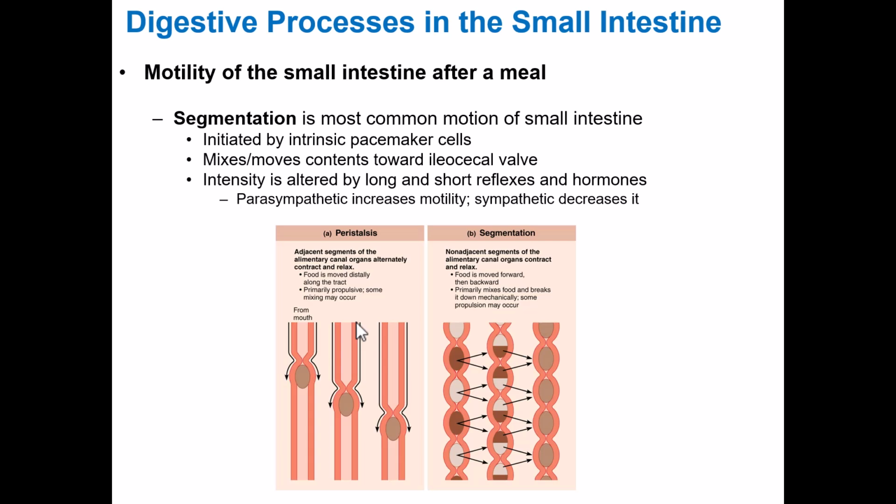We can mix the pancreatic juices and the bile and the intestinal juices with the chyme so we can finish chemical digestion. But also it's just allowing that chyme to be in that small intestine long enough for absorption.